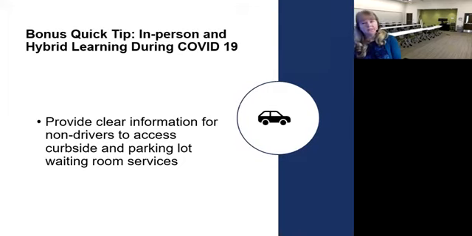We have parents who have disabilities who don't drive, but we also have a number of people who don't drive for economic reasons. People who are new to the US have not gotten their driver's license here yet. We have caregivers who walk everywhere because they don't have access to a car, but they're caring for the children and running those errands.